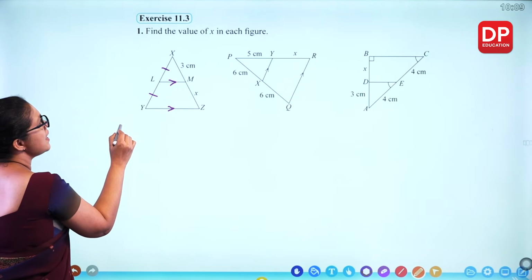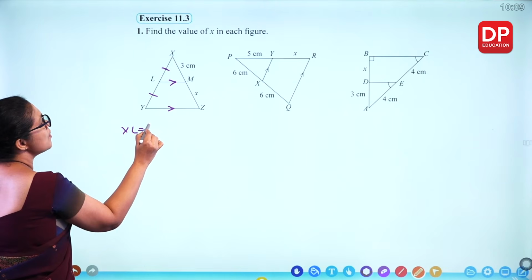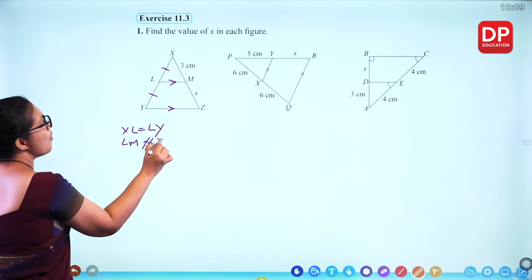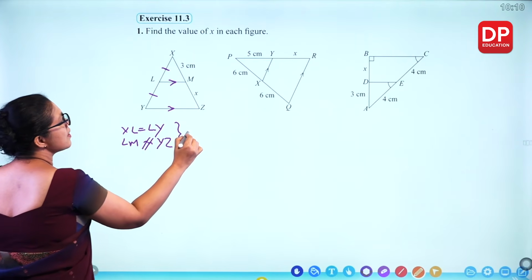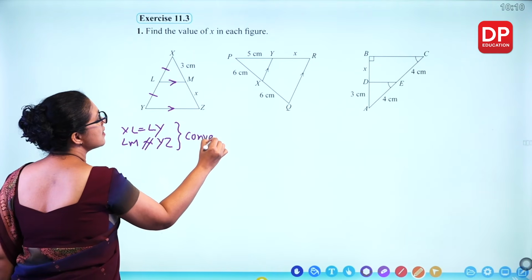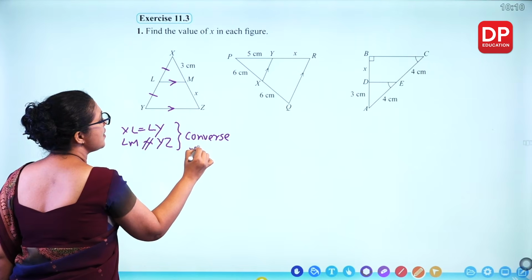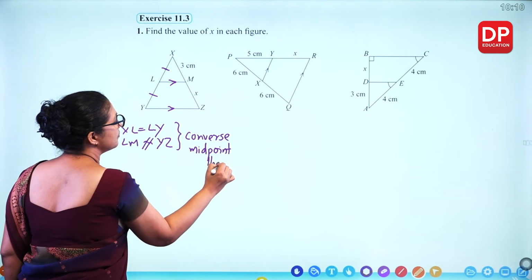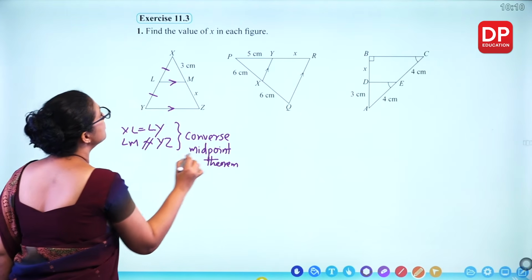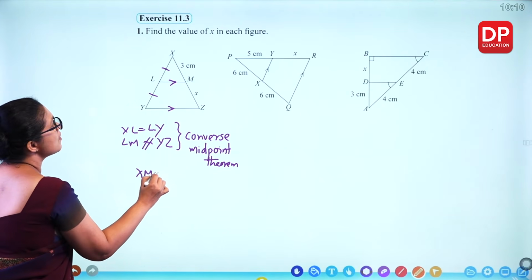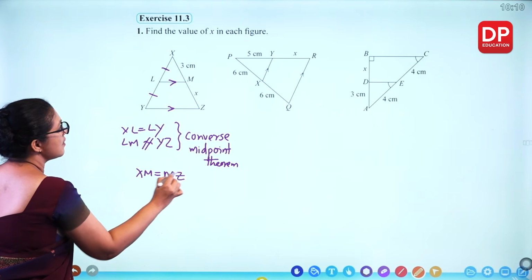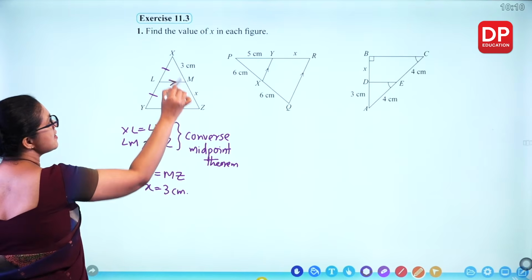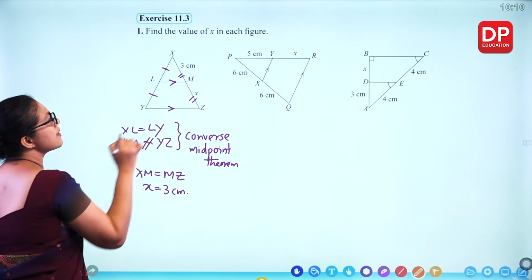So we can write XL is equal to LY, LM parallel to YZ, by the converse midpoint theorem, XM is equal to MZ. So x equals 3 centimeters.